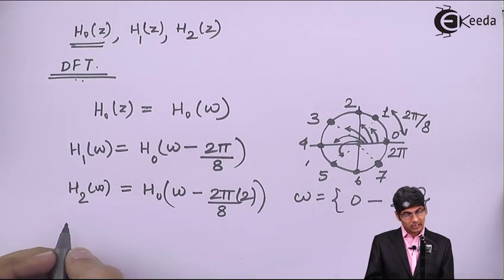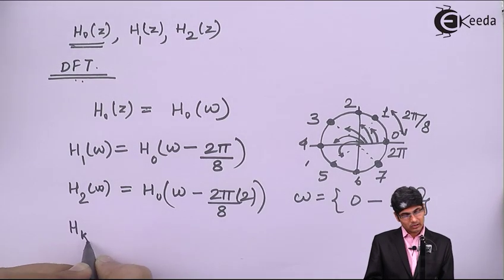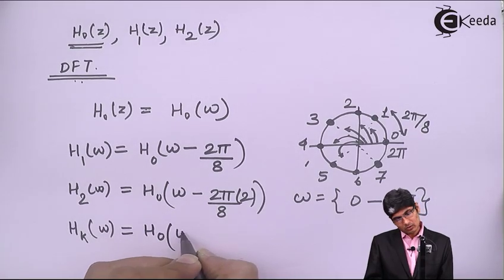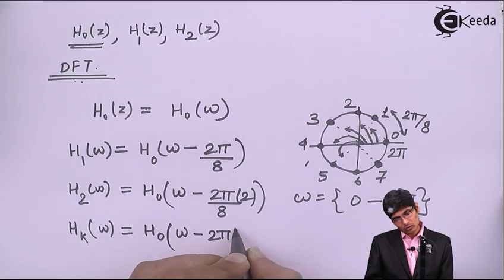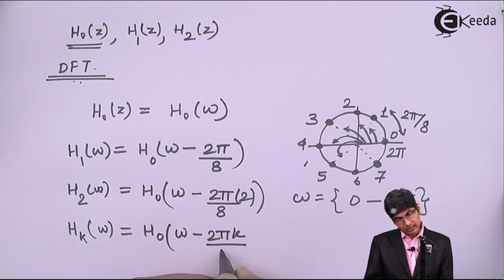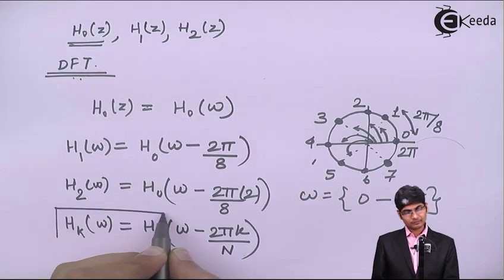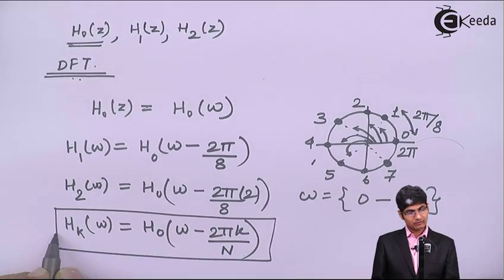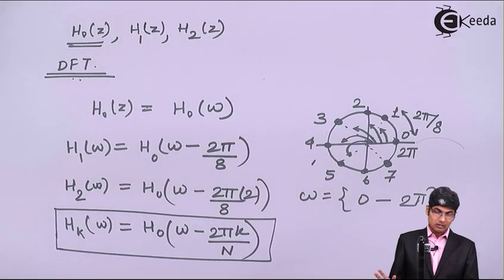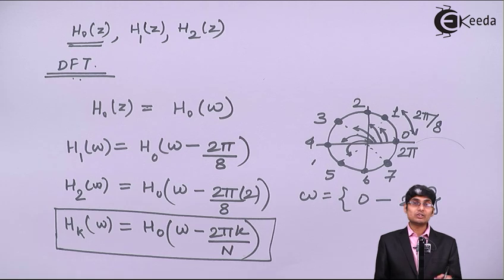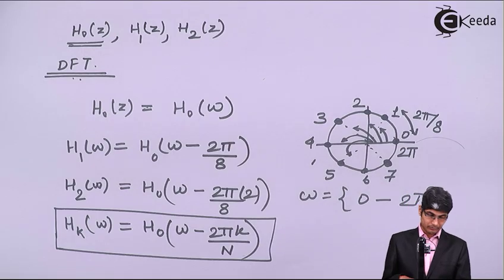So in general I can write hk of omega equal to h0 of omega minus 2 pi k by n. So we have seen that we have different transfer functions of the filter which are derived from one transfer function, which we called a prototype.